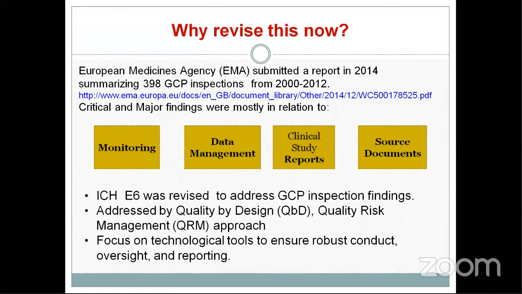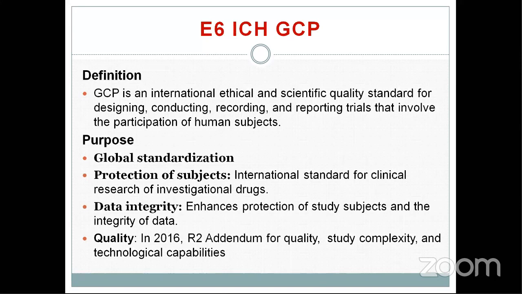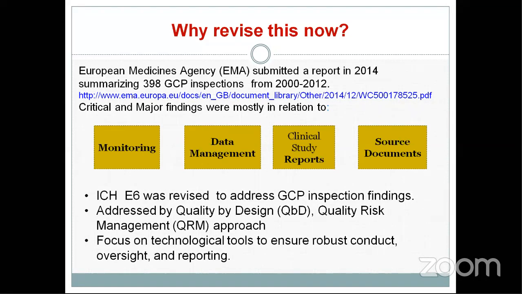So why did we revise in 2016? Generally, revisions happen because some issues were identified, or there was a request from sponsors and industry personnel asking for clarity. In this case, the R2 addendum was added because the European Medicines Agency, EMA, had submitted a report in 2014 summarizing 398 GCP inspections conducted from 2000 to 2012.